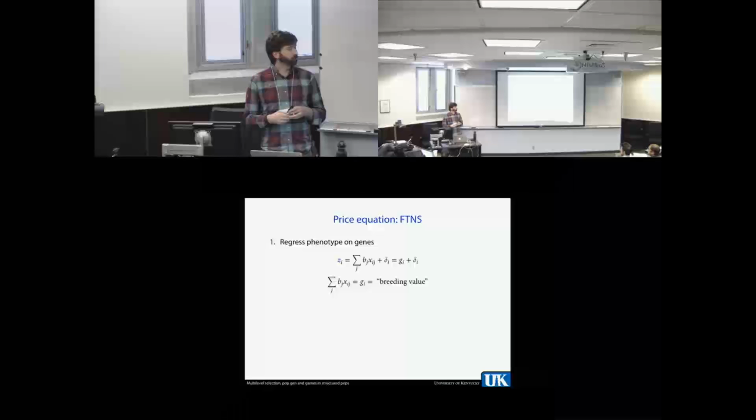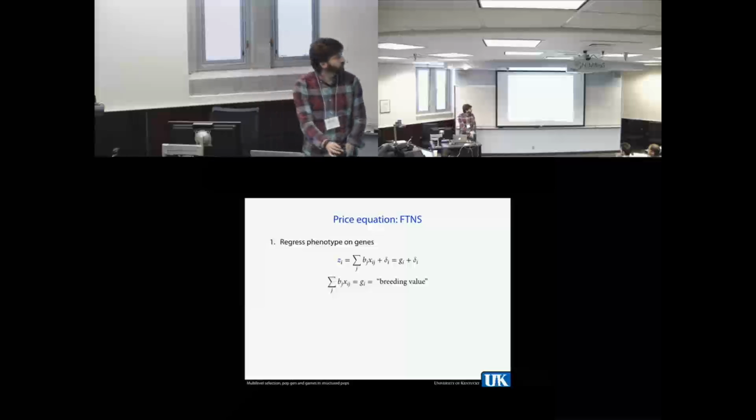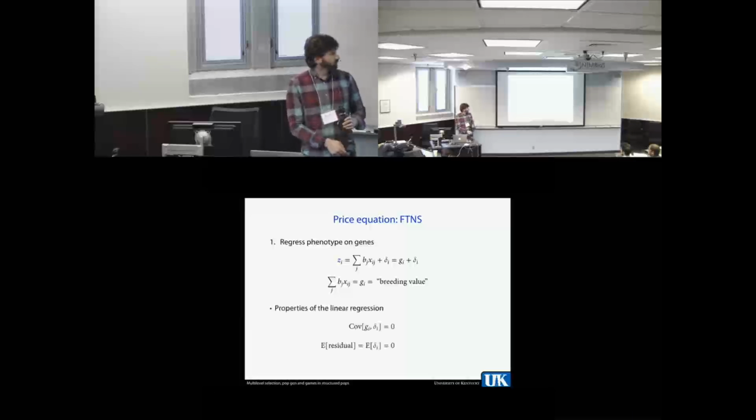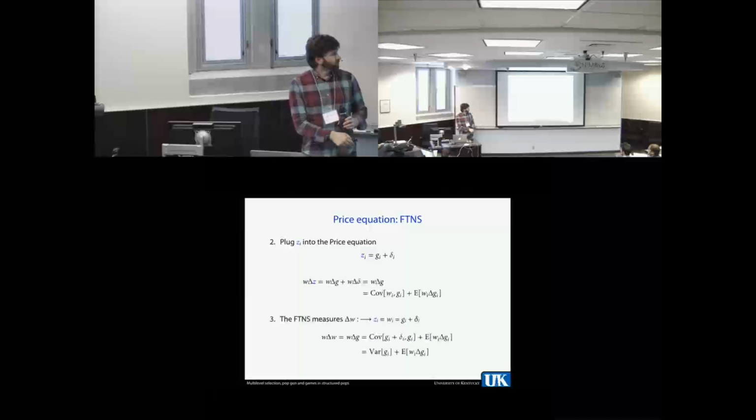Absolutely. How can you handle, so if I start with a population of heterozygotes in a situation where heterozygotes have an advantage, so I have a fitness decrease after one generation, where does that show up? So that shows up in this deterioration.